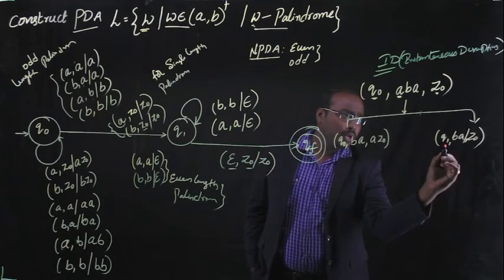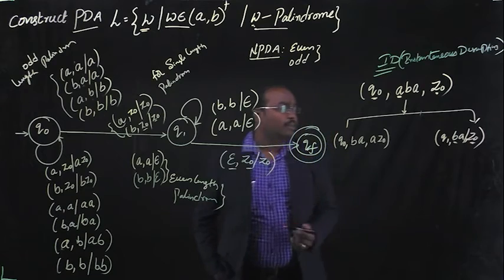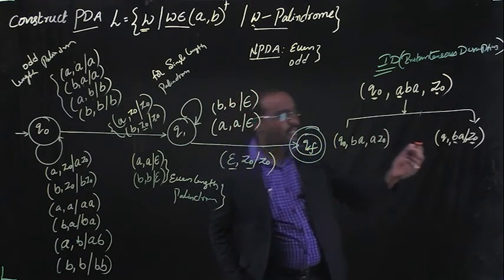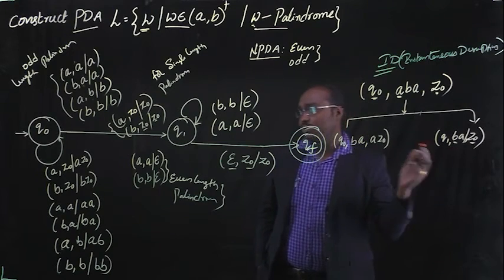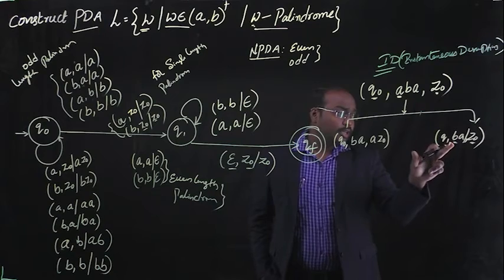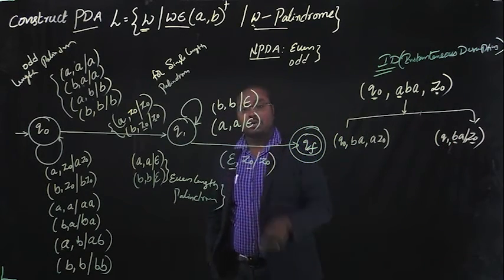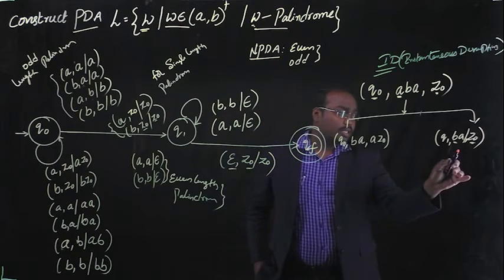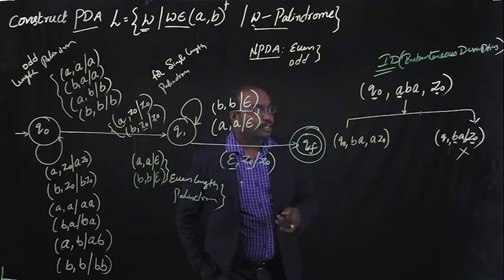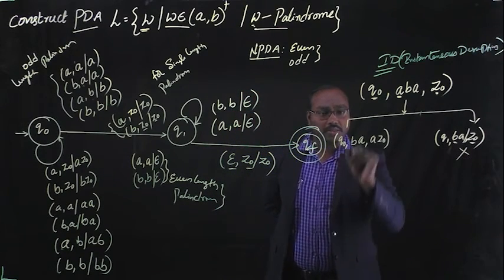On state Q1, the input symbol is B and the top of the stack is Z0. There is no transition for this type of input, so this branch will not work. Then go to the first branch.